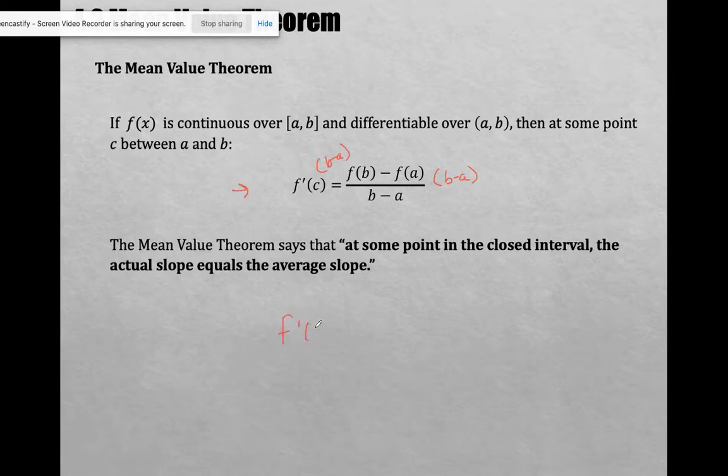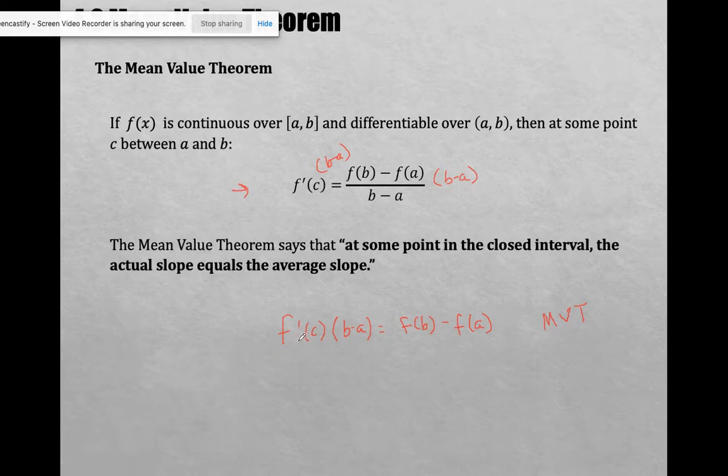The instantaneous rate of change times the change in X is equal to the change in Y. What? I've just rewritten that. That is still the mean value theorem conclusion, isn't it? Think about what it says, though.